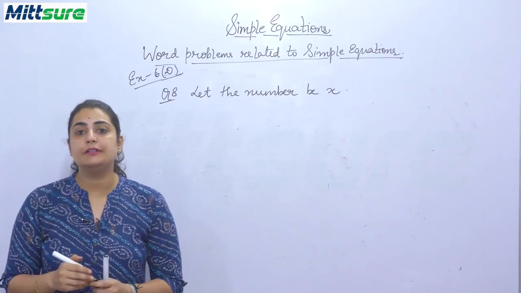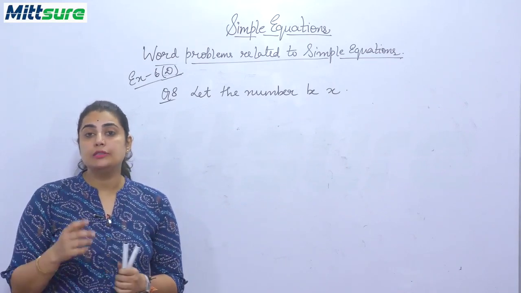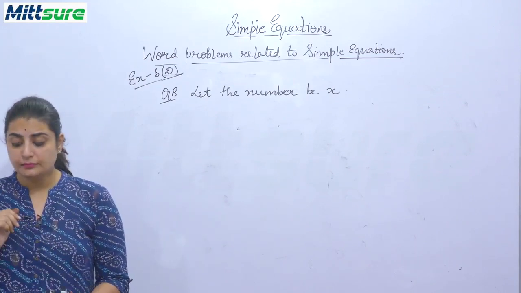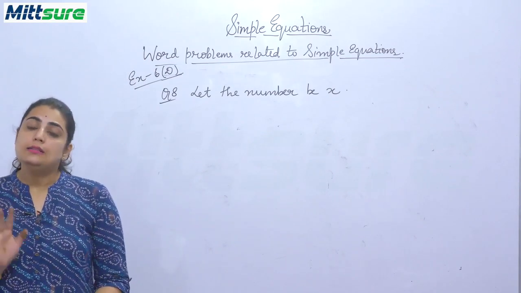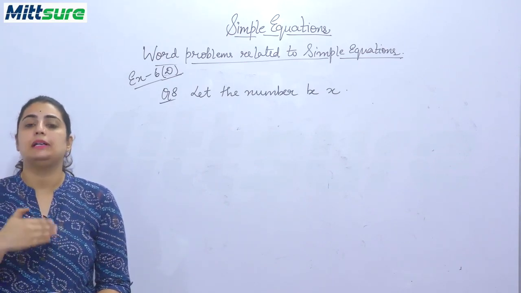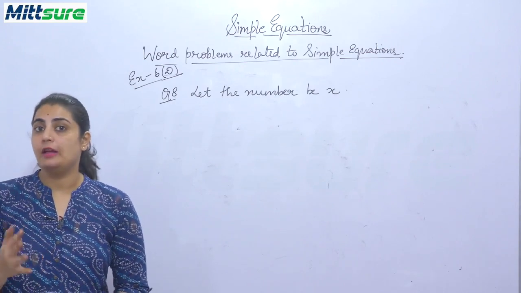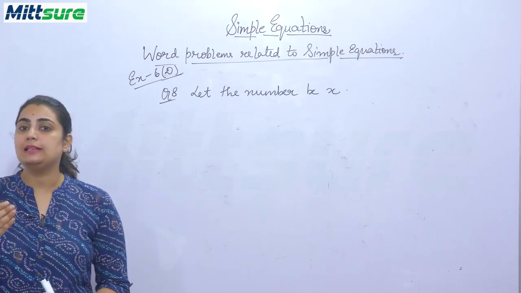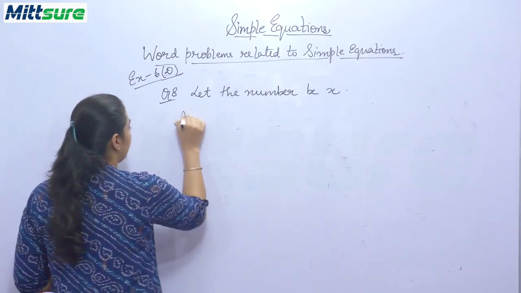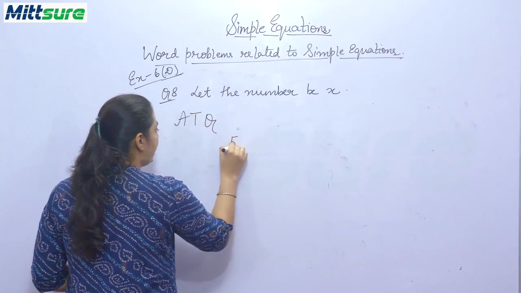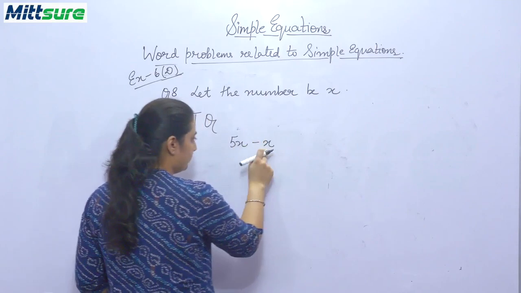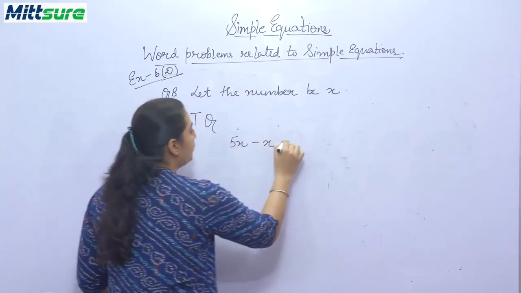Now what is the difference? If I take a number x and multiply it by 5, the number automatically gets increased by 80. So how can we form the equation? 5x, the number multiplied by 5, minus the number itself, is equal to 80.